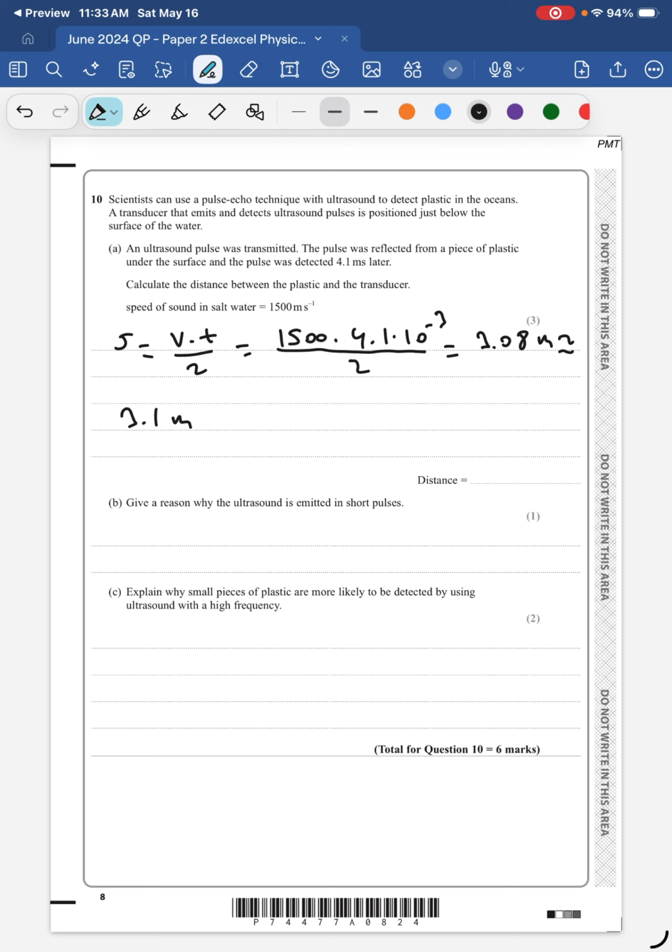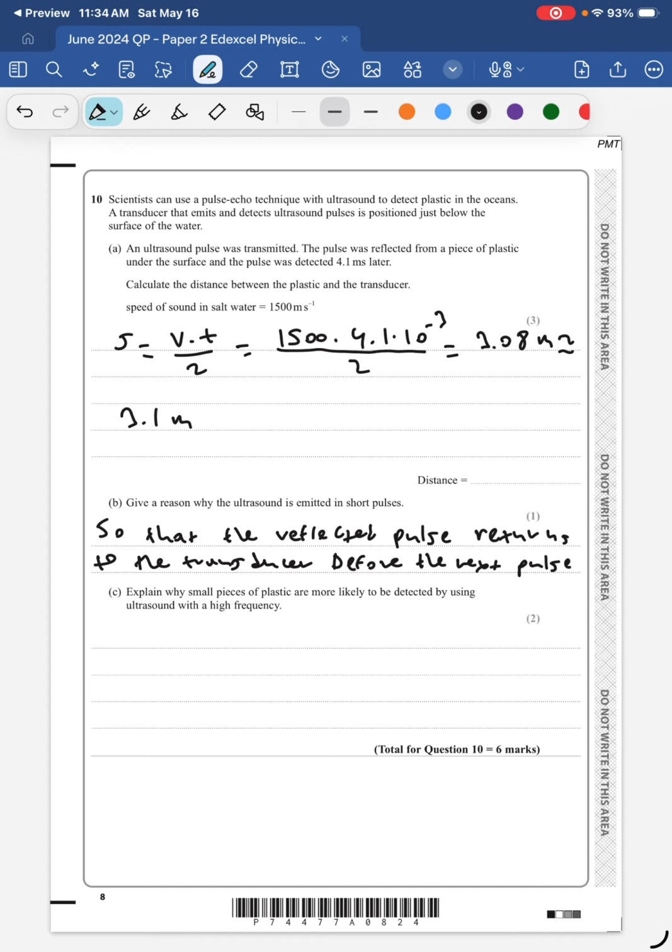So the answer is so that the reflected pulse returns to the transducer before the next pulse is transmitted. Excuse me, I ran out of space. I should have used a clean page, but anyway.